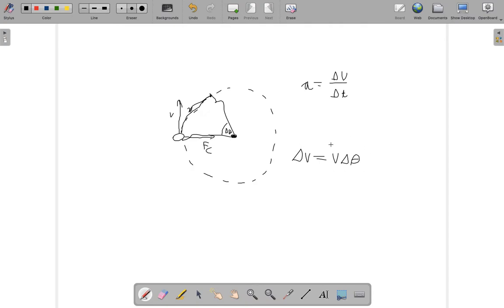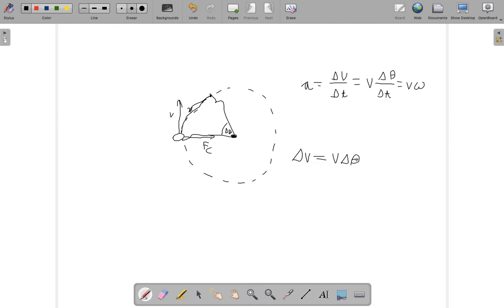That is what our change in velocity is, because the magnitude of velocity remains the same. It's just the direction that's constantly changing. So I can bring that in over here. Change in angle over change in time, giving us velocity times our angular velocity.